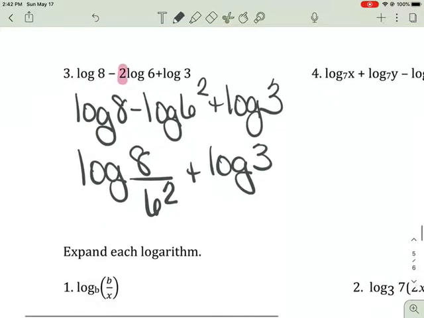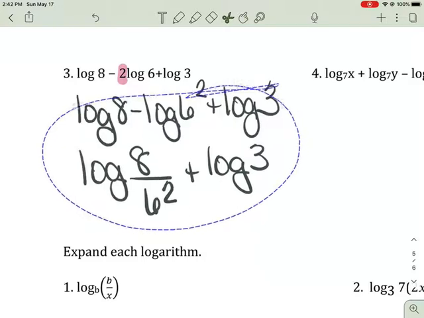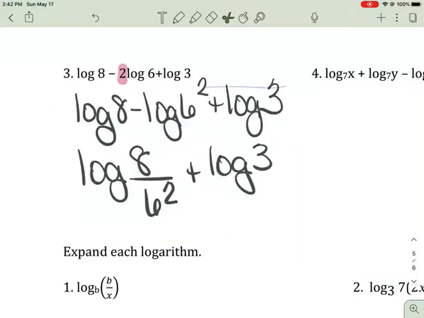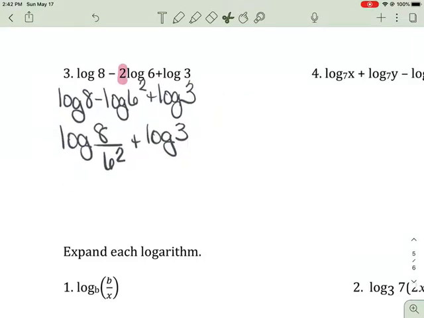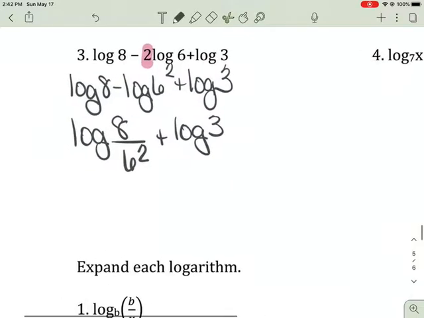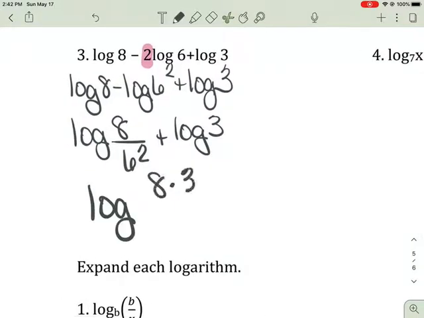And then addition means multiplication. So we're going to change this now. So that's going to become a multiplication problem. So we're going to get log 8 times 3 over 6 squared. And I'm just going to leave that. Okay, let's try the next one.